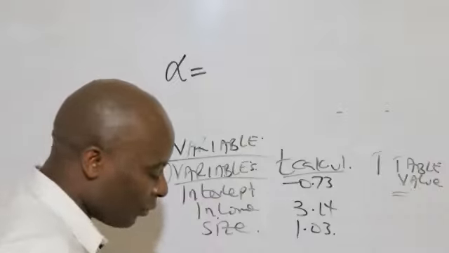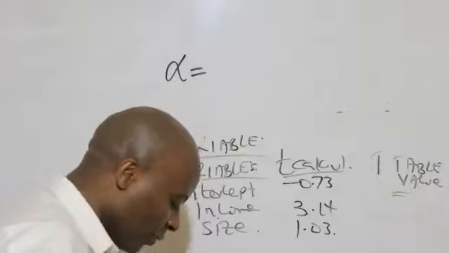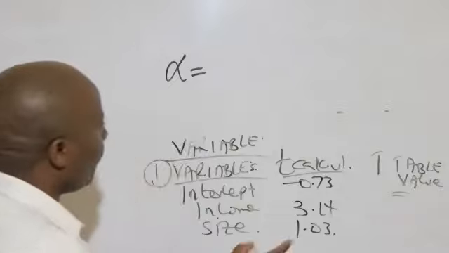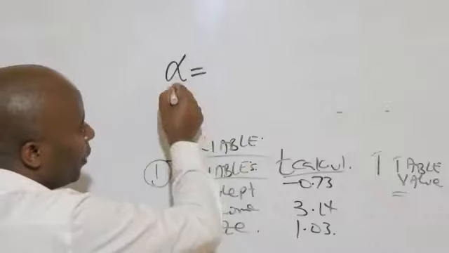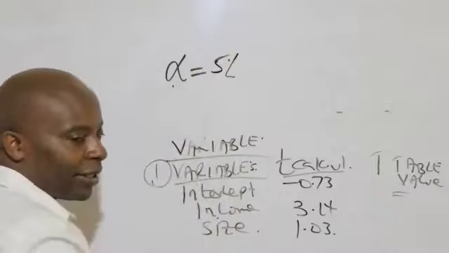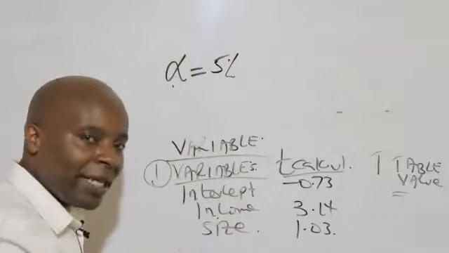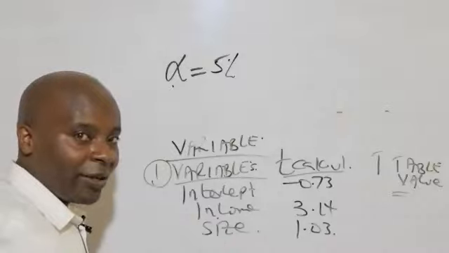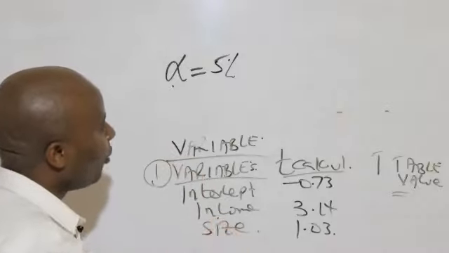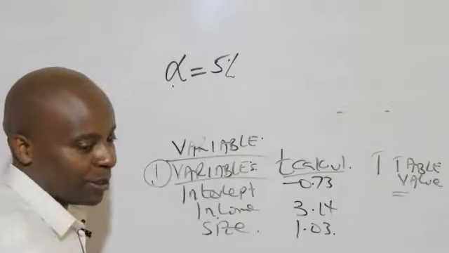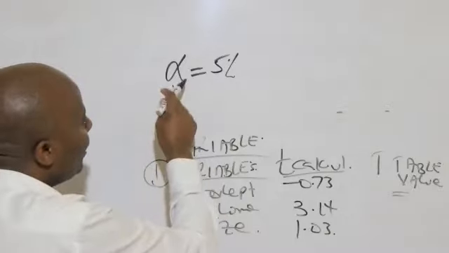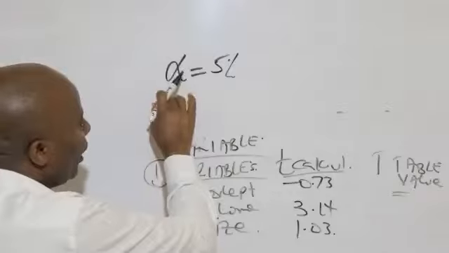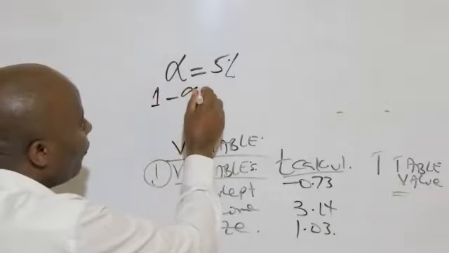Whenever confidence intervals are given, you can easily get the level of significance. So in this case, the level of significance is 5%. And remember that 5% is our default. Whenever level of significance is not given, always assume it is 5%. So give us the 1 minus alpha over 2.